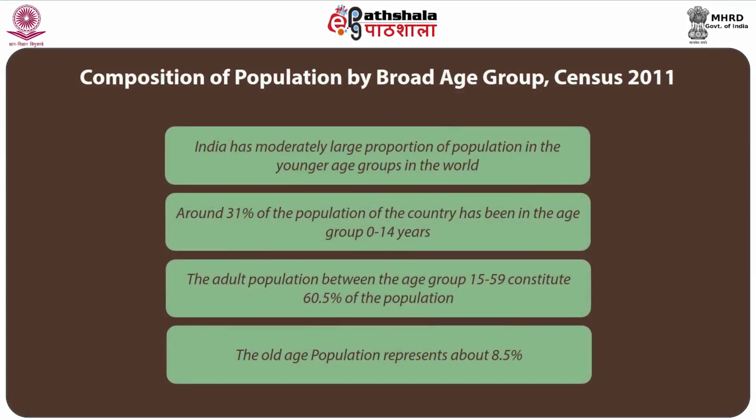According to the 2011 census, around 31% of the population is in the 0 to 14 age group, and around 60.5% is in the 15 to 59 age group, which in India is generally considered the working age group. Somewhere around 8.5% of the population is in the older ages. What does it mean? It means that the bulk of the population in India is in the adult age group.